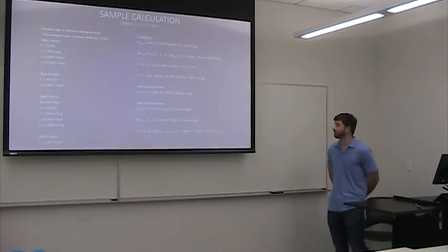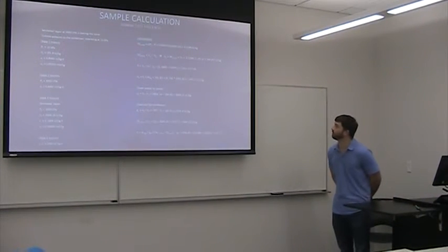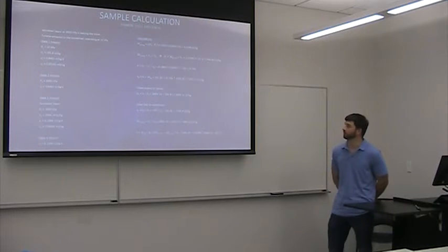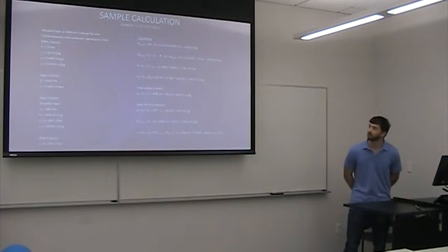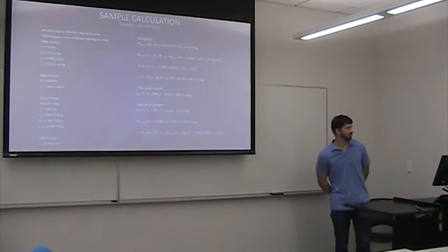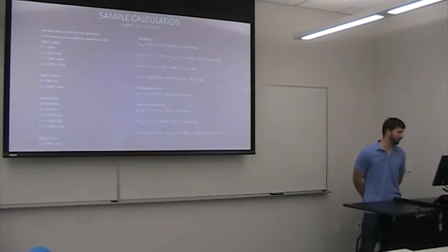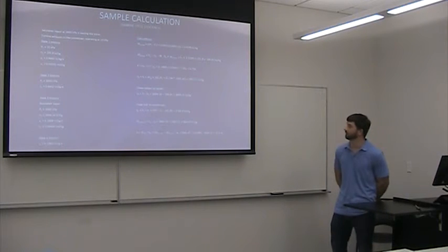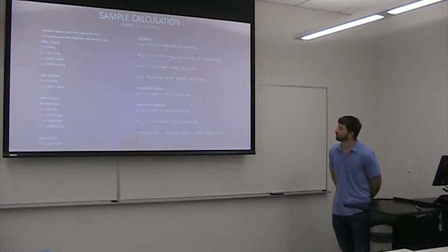This is my sample calculation of how to calculate the efficiency of the Rankine cycle. Assuming saturated vapor is leaving the boiler at 3,000 kilopascals and turbine exhaust to the condenser operating at 10 kilopascals.